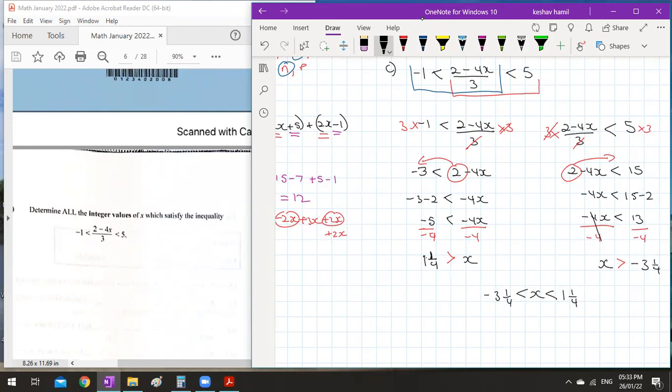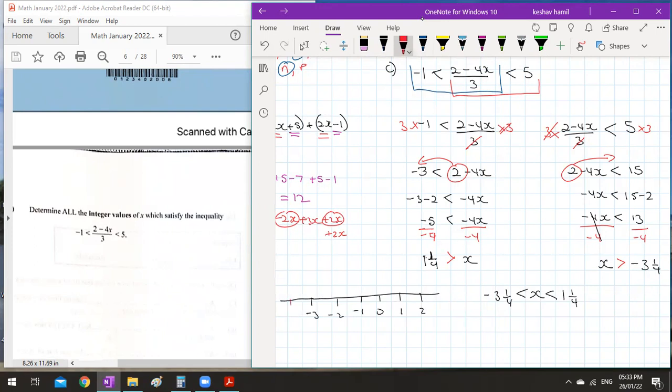Right, now, integers are whole numbers, whether they're positive or negative. On the number line, we have 0, 1, 2, -1, -2, -3.